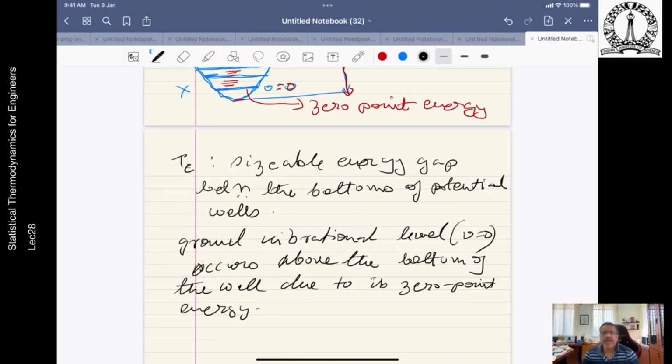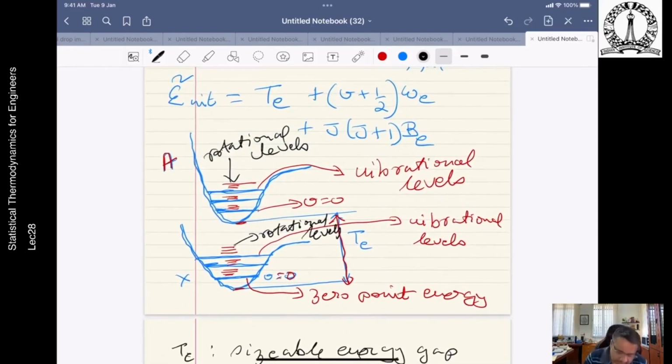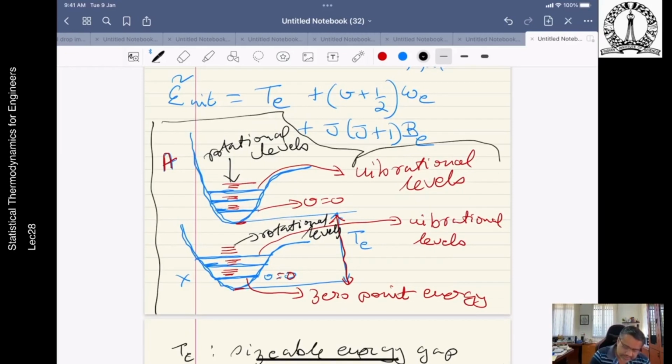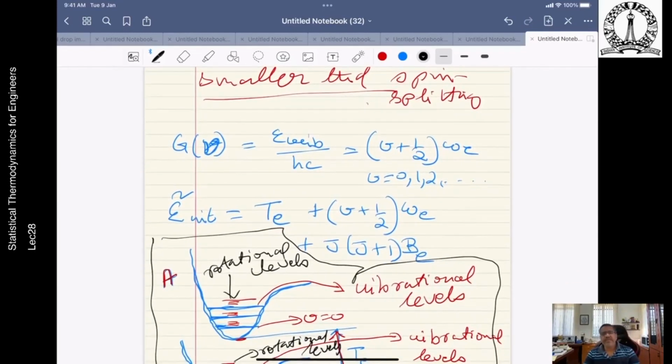And so the spectral lines can all be ascertained by using these energy gaps that are shown in this particular diagram. This is a sample energy level diagram that we have. Each electronic state is portrayed by the corresponding Morse potential that we already said earlier.